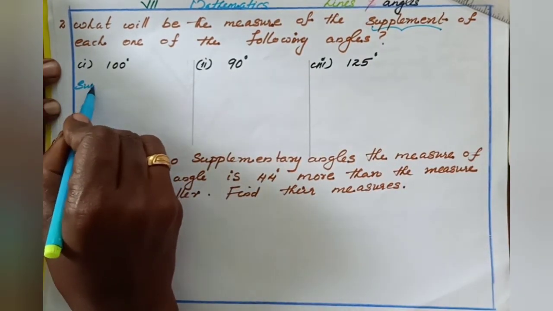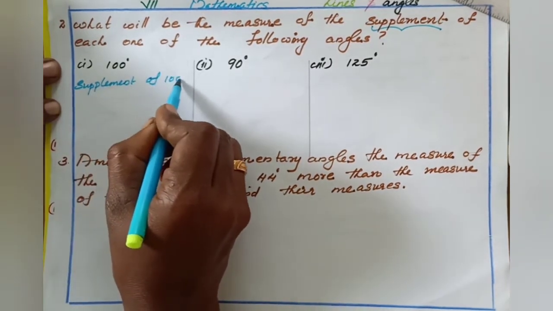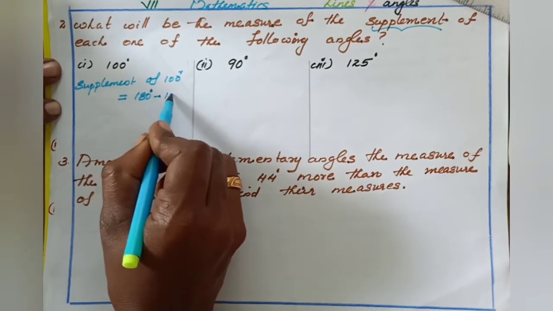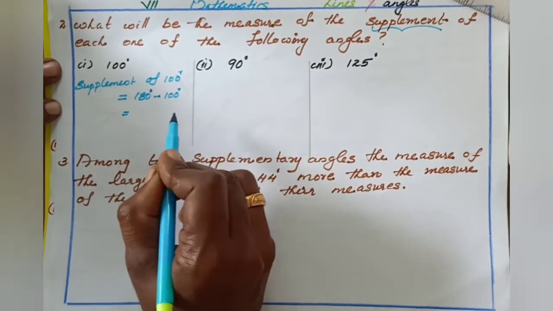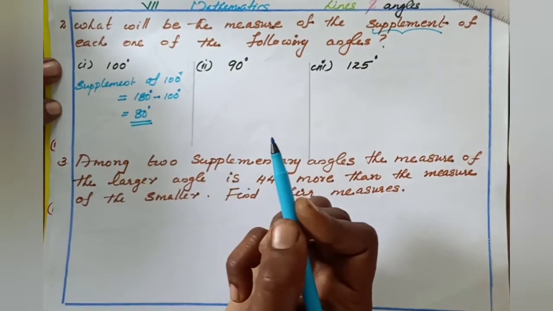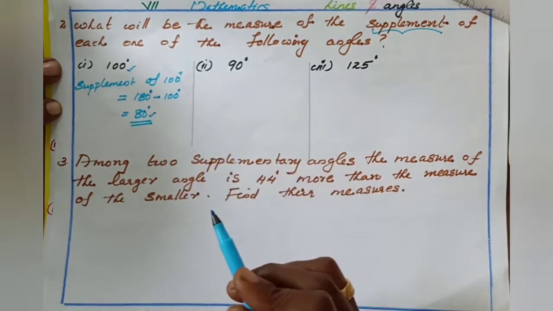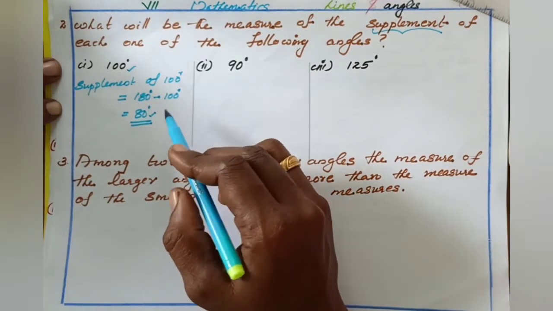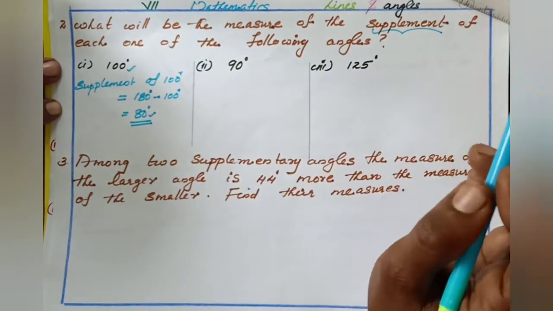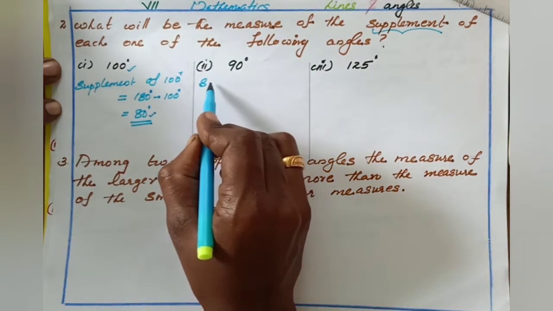So the supplement of 100 degree equals 180 degree minus 100 degree, which is 80 degree. Adding 100 degree plus 80, we get 180 degree total. So the sum of the two angles is 180 degree. They are supplementary angles.